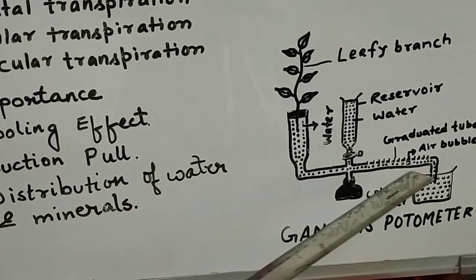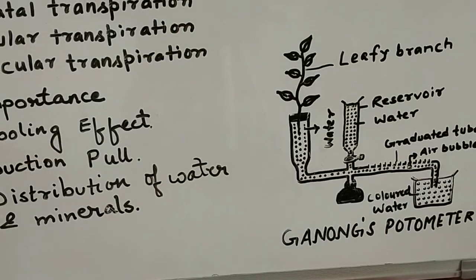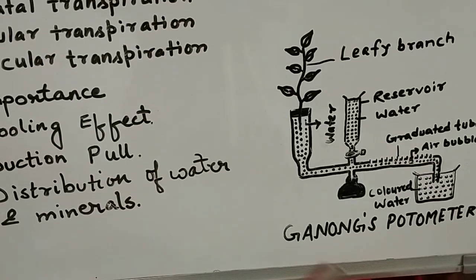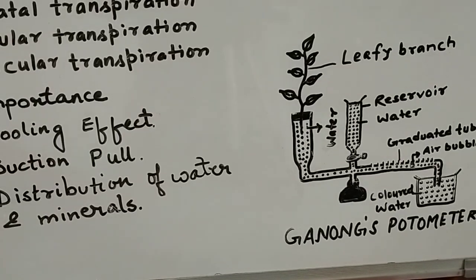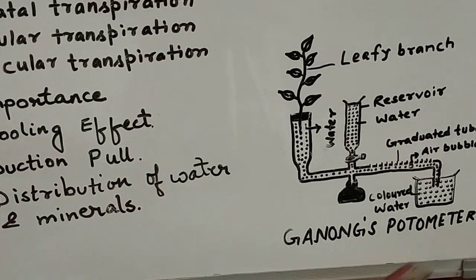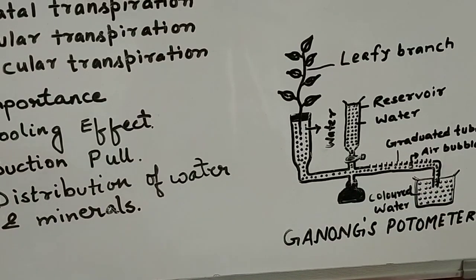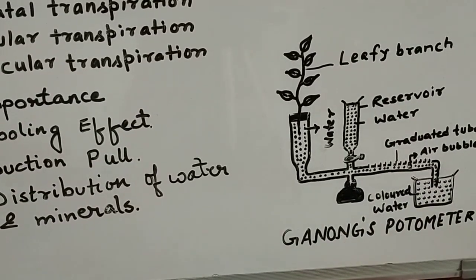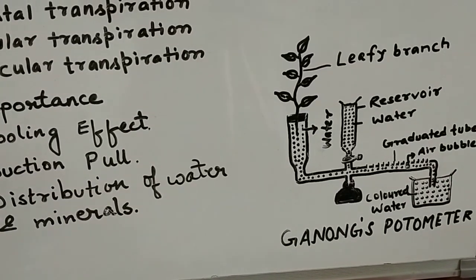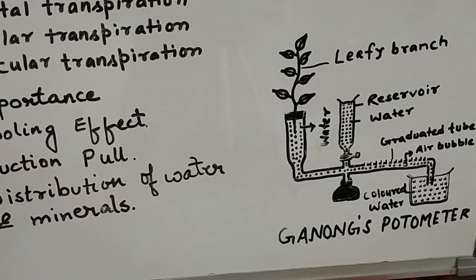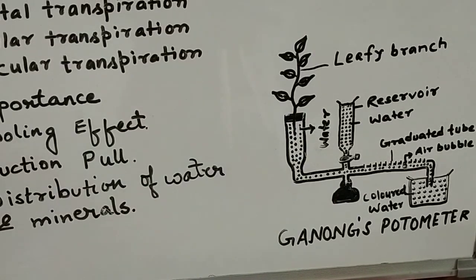This bent tube or delivery tube is marked with measuring labels like 0 ml, 1 ml, 2 ml. Graduation means measurement. An air bubble is introduced into the graduated bent tube. It is very difficult to introduce the air bubble into it, but this air bubble movement indicates the measurement of water uptake by this leafy twig.